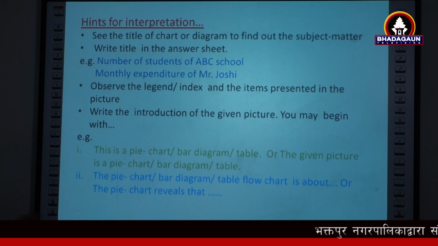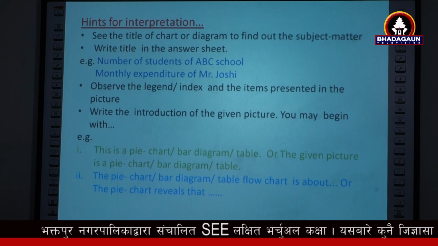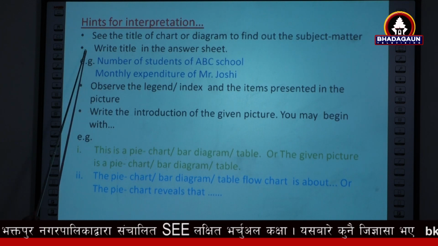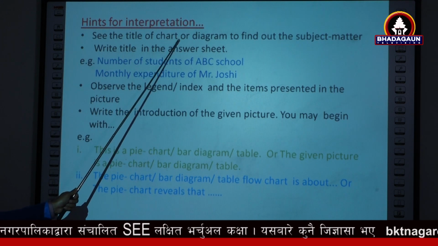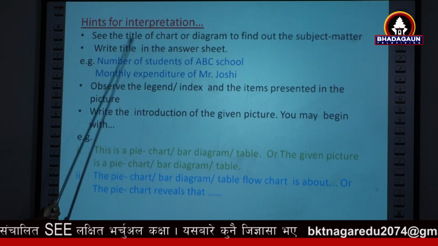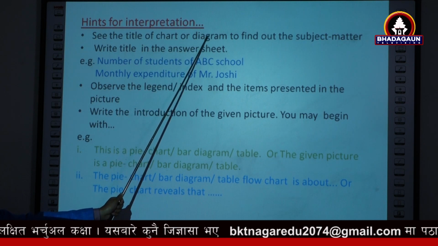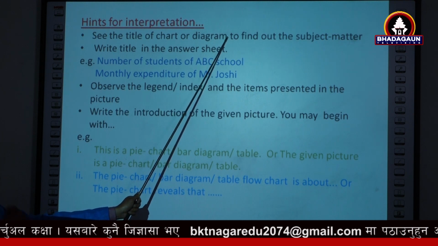Some questions of this type of para-orthographic text seek some basic rules. First of all, when you start changing those texts into orthographic form, your duty is to see the title of the chart, diagram, flow chart, whatever is given there, right.